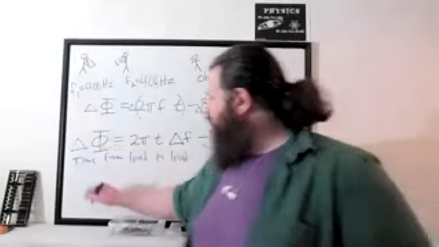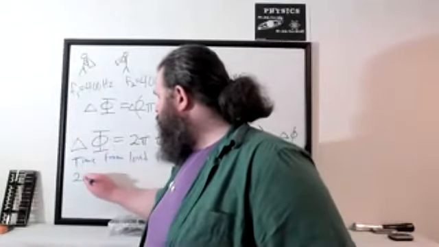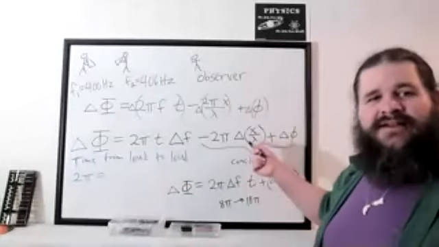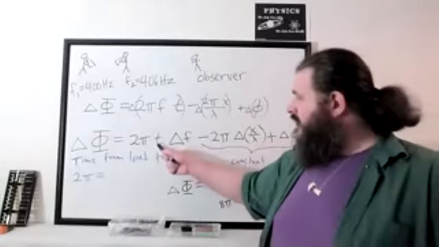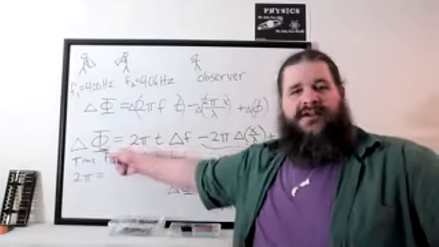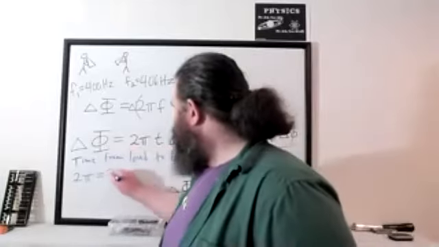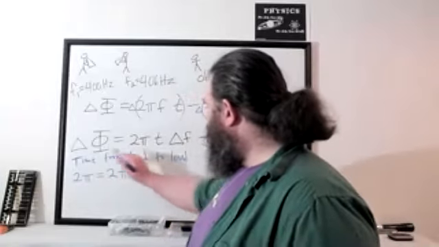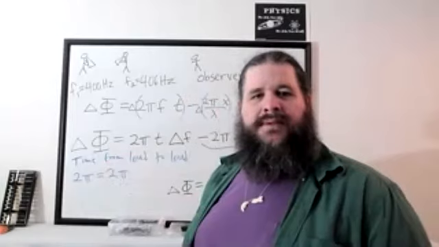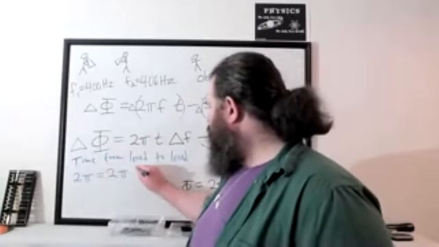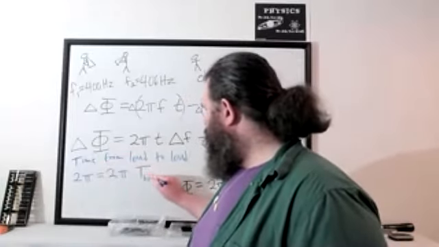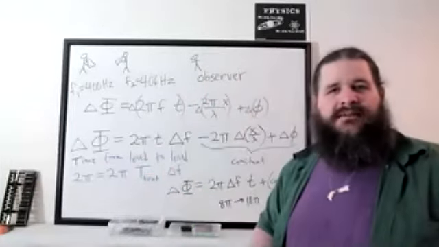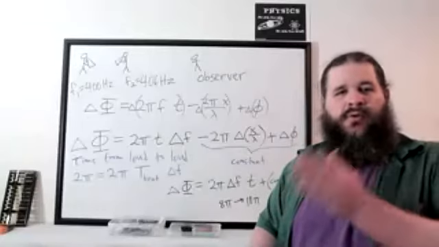In other words, this is changing by 2 pi. We can ignore the constant because that's not changing as time passes. We just want to know how much time it takes for this to increase by 2 pi. And the amount of time it takes is usually called the beat period. So the beat period just means the amount of time it takes from loud to loud or from quiet to quiet.